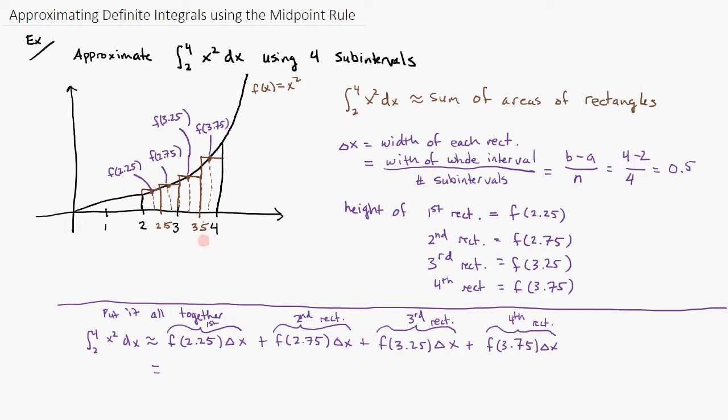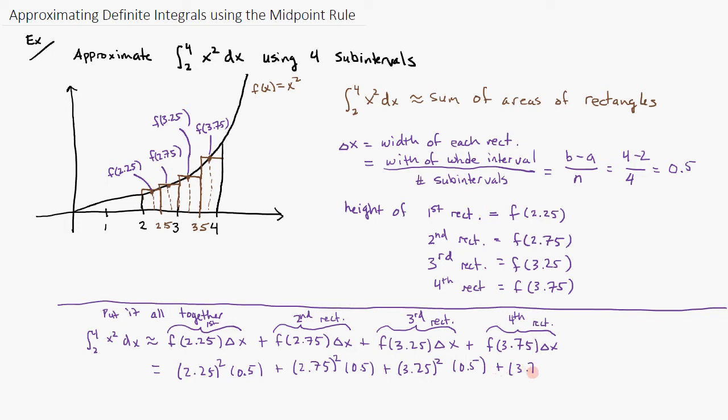Okay, so what is the function? The function is x squared, right? So we just plug into x squared. We get 2.25 squared times delta x, which is 0.5. This is 2.75 squared, delta x again is 0.5. This is 3.25 squared, delta x is again 0.5.